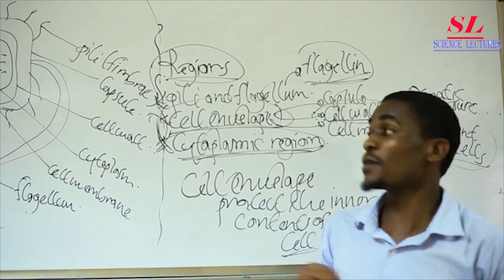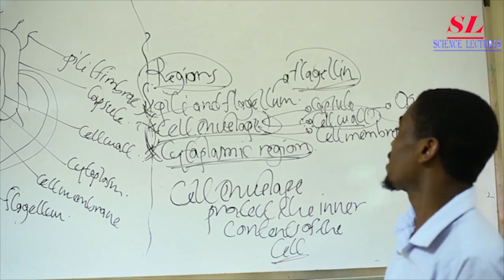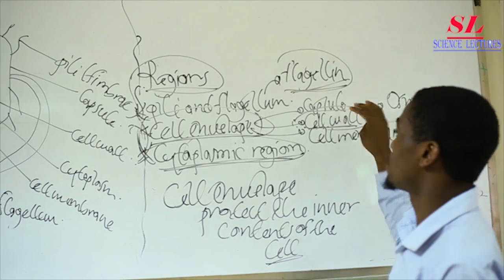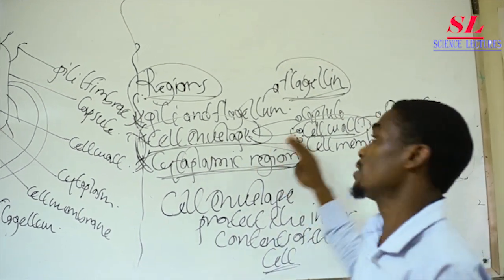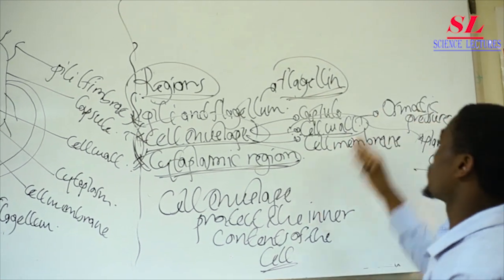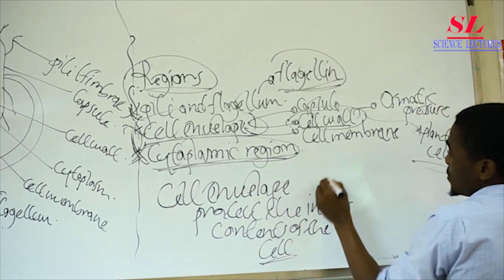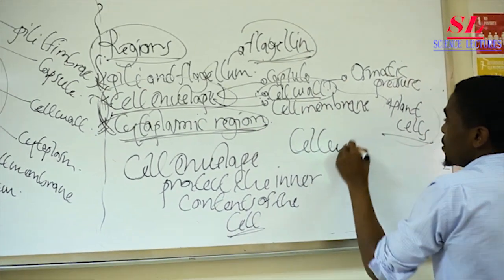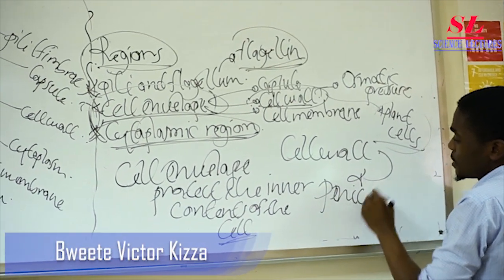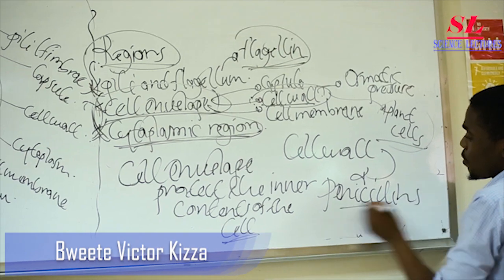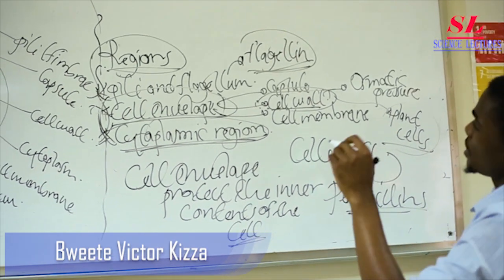Another important thing about the cell wall is that bacterial infections are at times treated by targeting it, because drugs like penicillins target the cell wall. Why is this important?